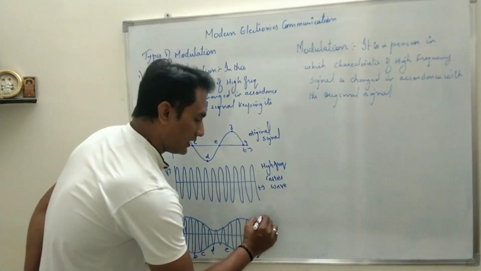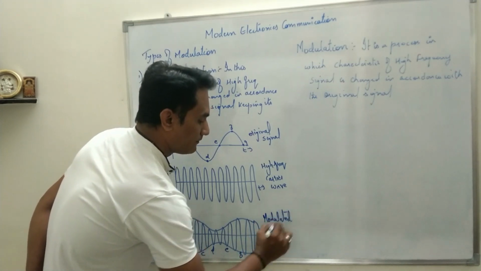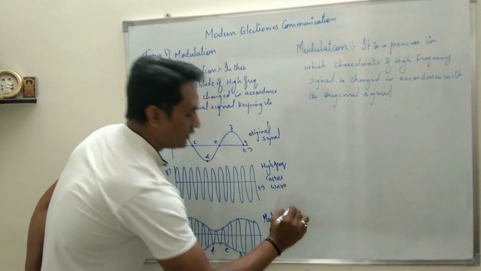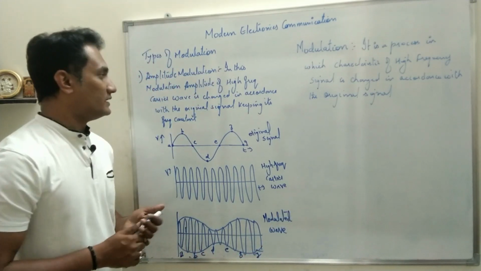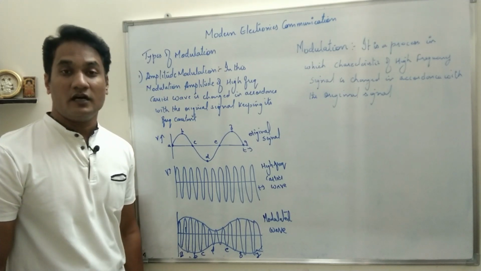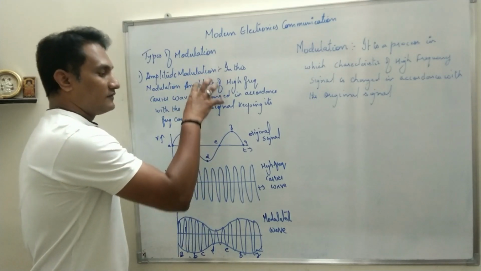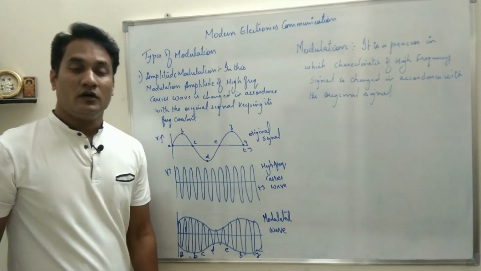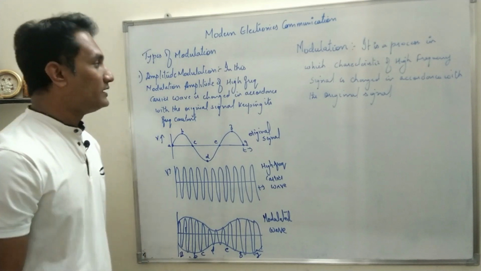So this is called the modulated wave. So this is amplitude modulation. In this modulation, amplitude of the high frequency carrier wave is changed in accordance with the original signal, keeping its frequency constant. You just have to remember this definition and represent it graphically. So this is amplitude modulation.